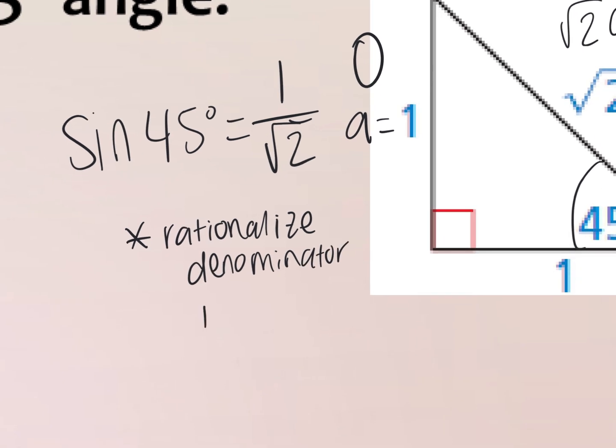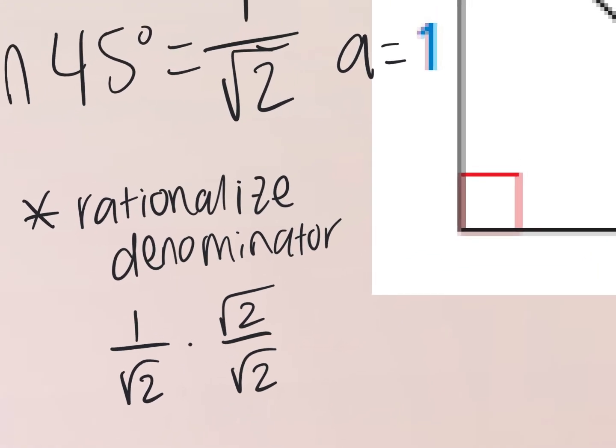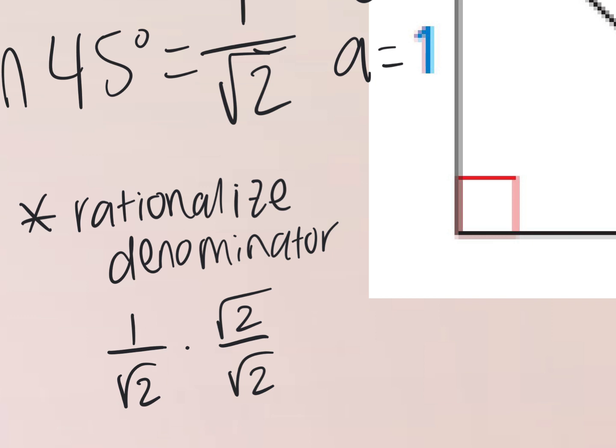So it's 1 over the square root of 2. And how we rationalize the denominator is you multiply by whatever radical is in the denominator. So we're going to multiply both the top and the bottom by the square root of 2. Remember, when you multiply fractions, you just multiply straight across.